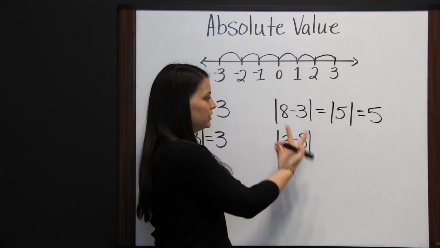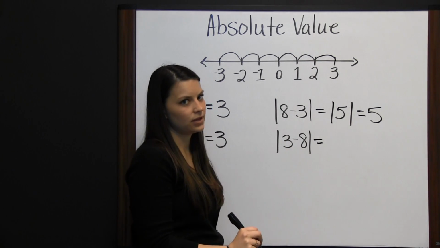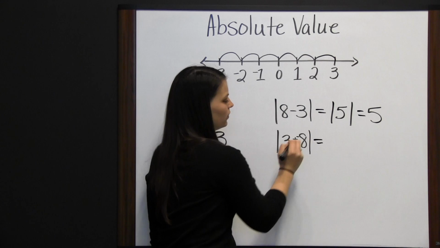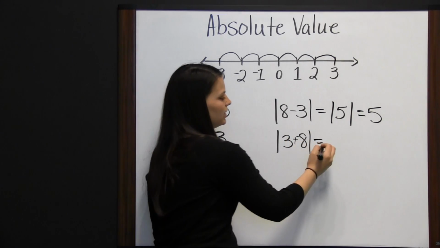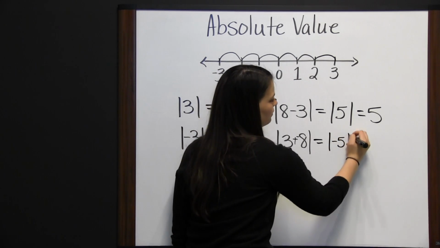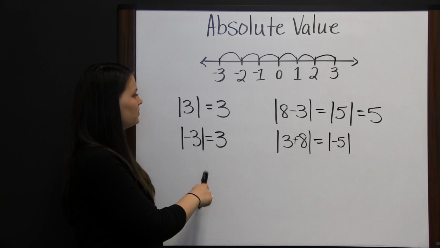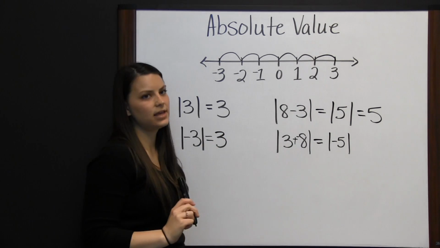Now we'll look at the difference switched around. 3 minus 8. You could add the inverse, so 3 plus a negative 8. 3 plus a negative 8 is negative 5, so we have the absolute value of negative 5. And like we talked about over here, the absolute value of a number and its negative counterpart are the same.